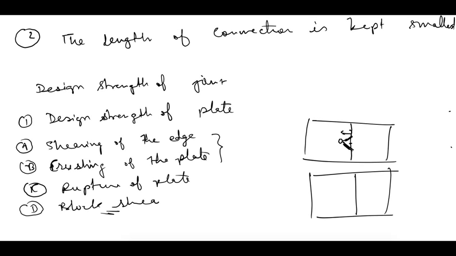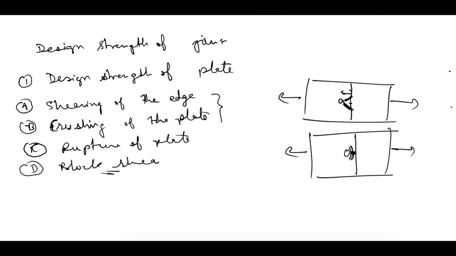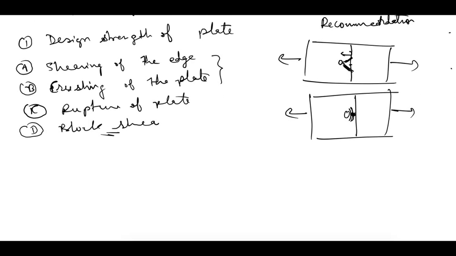This part will crush if we have applied a force like this. So this part can yield if we have not provided sufficient space here, and we'll say the plate has failed. These two failures can be avoided if we follow the recommendations of the code for minimum edge and end distance. If those recommendations are followed, then this failure will not happen.